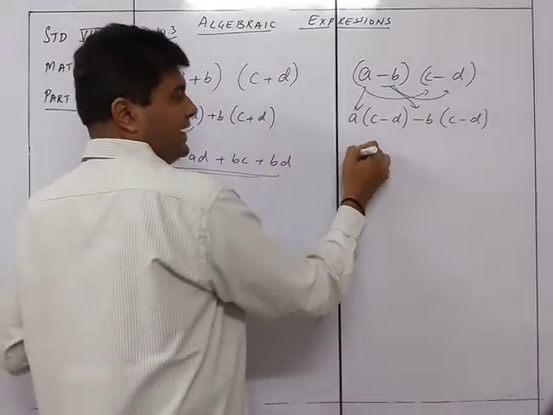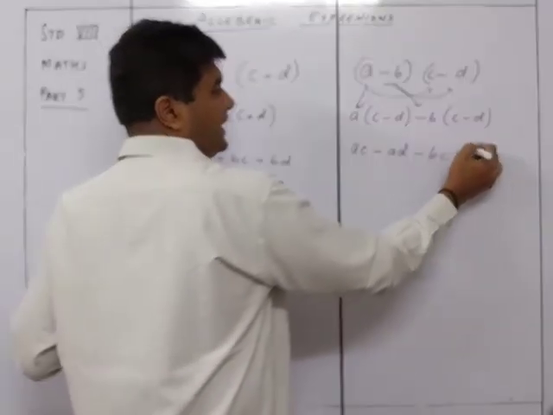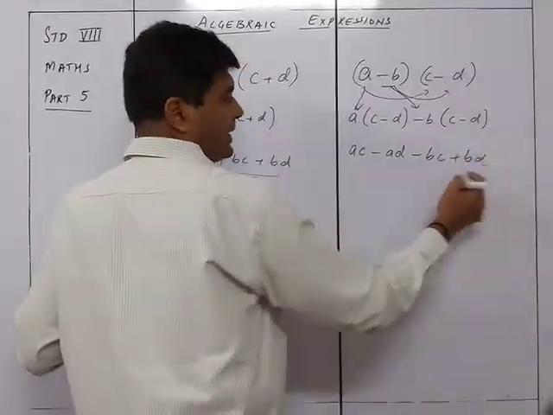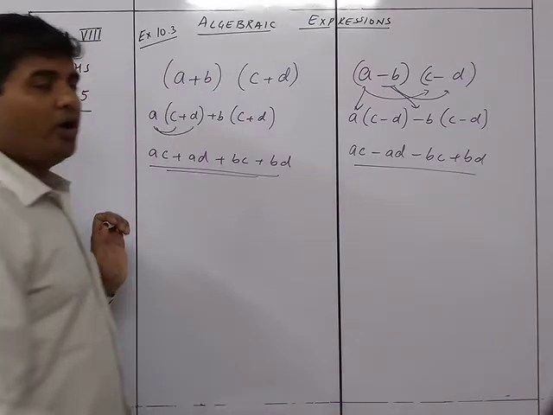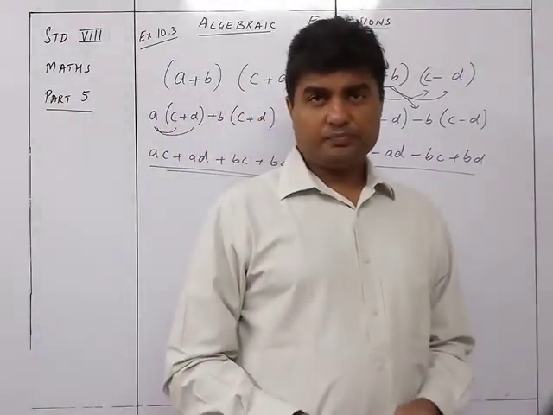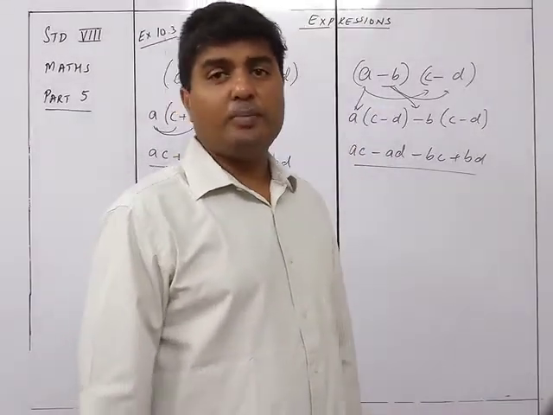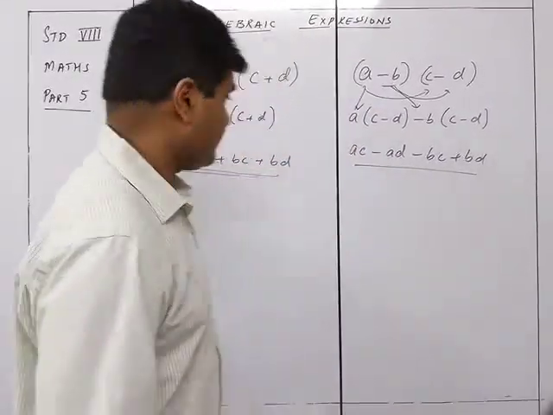Multiply this, it is AC minus AD minus BC plus BD, because minus into minus is plus. So that's the answer for a binomial to binomial multiplication. Understood? We'll see further a binomial to a trinomial multiplication.